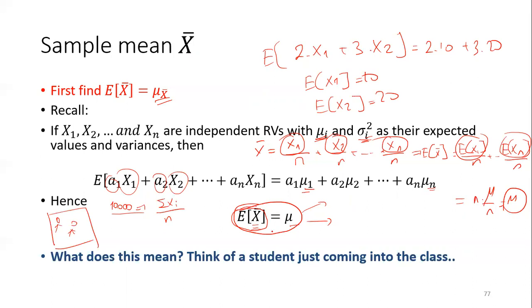Let's assume I'm trying to find the value of an x bar where n is equal to 30, right? How to find this? Well, you can just go to a class of 30 students, calculate their x bar, and let's say this is x bar 1. Go to another class of size 30, calculate their x bar, which is x bar 2.